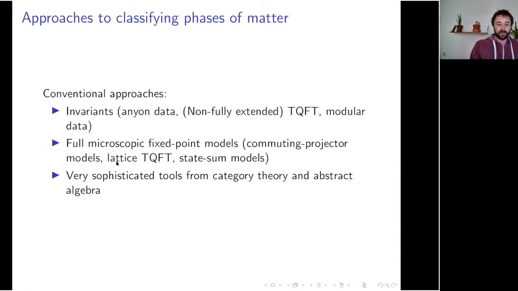However, it also generalizes these state sum models because it allows us to systematically construct new families of state sum models. And in principle, this might also be a way to get fixed point descriptions of chiral phases.